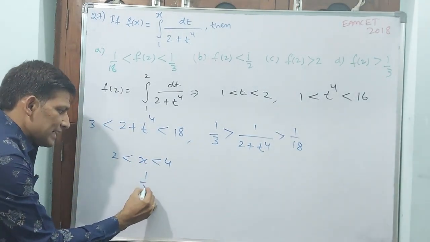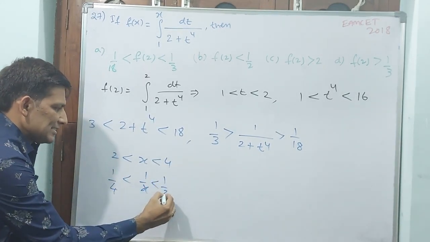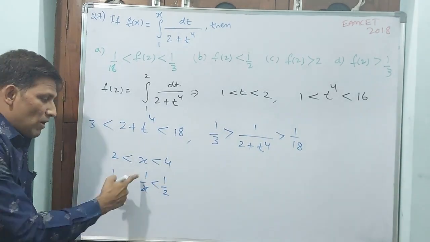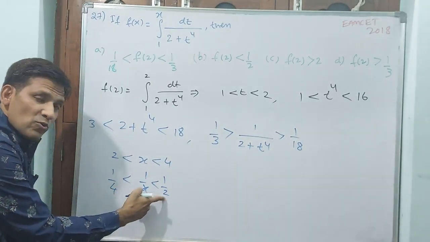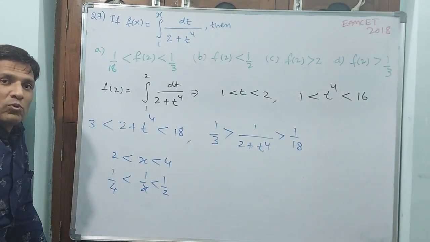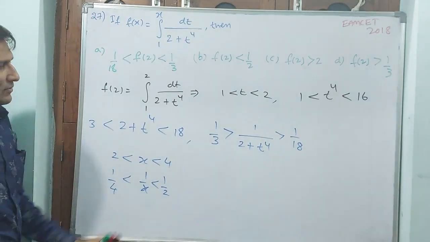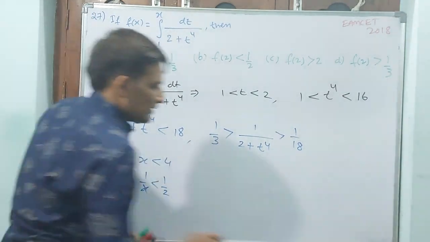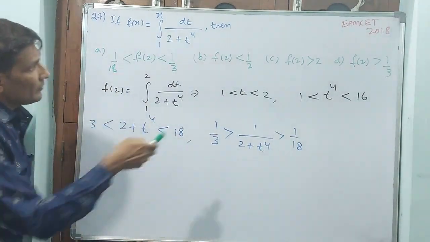If you reciprocate, 1 by x is greater than 1 by 4 and less than 1 by 2. Why? Because 1 by 2 is greater than 1 by 4. If you reciprocate, these values automatically get reversed. The same thing happened here also. Once again I will write, then how to write this?